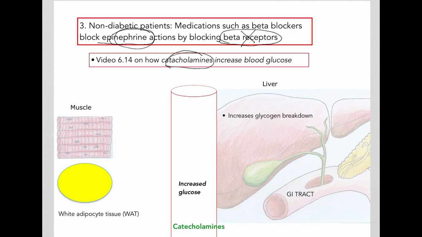So the catecholamines are not going to work, and since they increase blood glucose, without the catecholamines there's a good chance of decreasing your blood glucose, leading to hypoglycemia. So medications such as beta blockers can cause hypoglycemia.